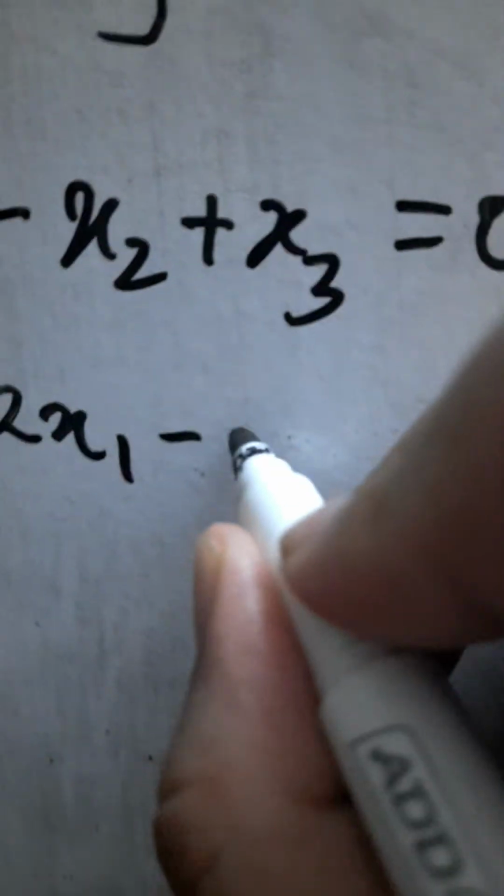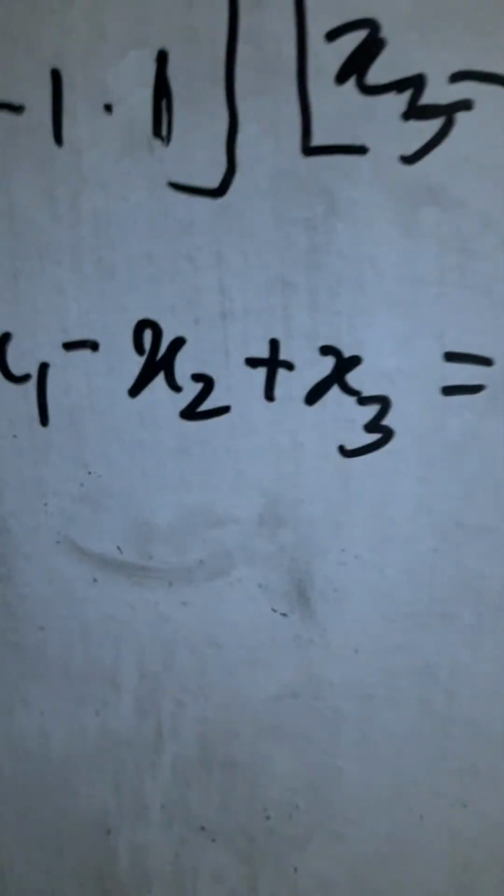I guess you got this part clear. Then you take 2x1 minus s. No. Wait a second. 2x1, x2 plus x3 is equal to 0.